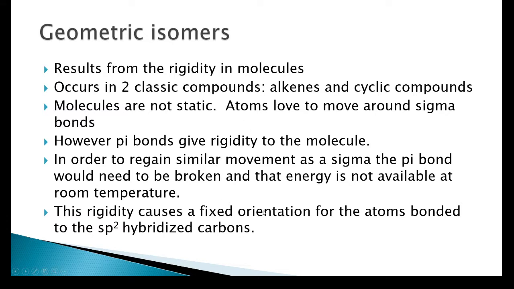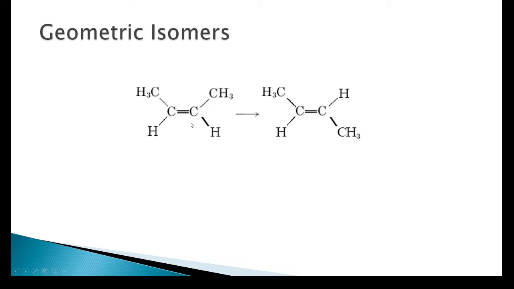The rigidity causes a fixed orientation for the atoms bonded to the sp2 hybridized carbons. So those atoms get stuck, and therefore we can't move them, and they're going to be stuck in a specific geometric position. And we see two here. Now these are the same molecule.